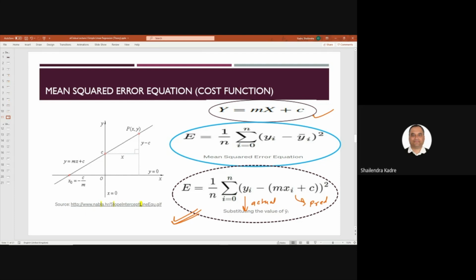For any given point i, I am putting the predicted value mxi plus c. So this is your actual, and this is predicted. We take the difference between both, square it, and divide by the number of observations, the number of points we have.